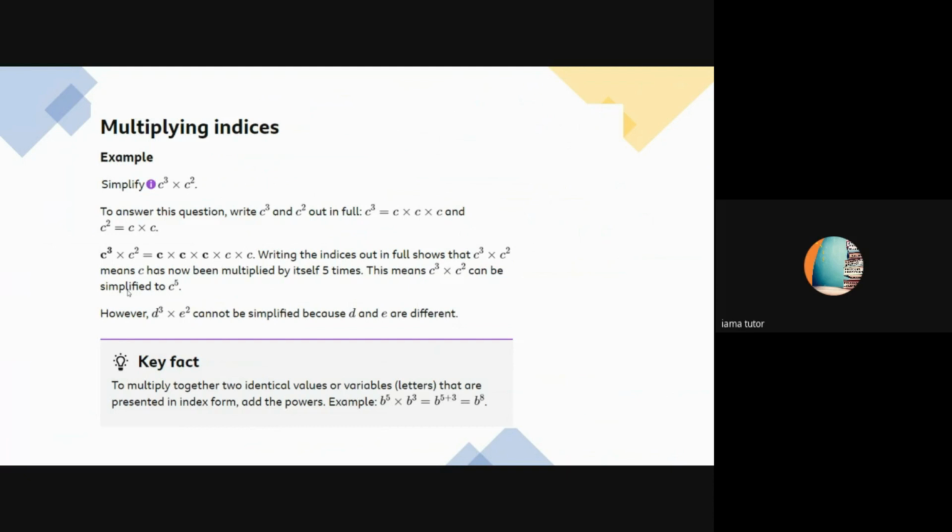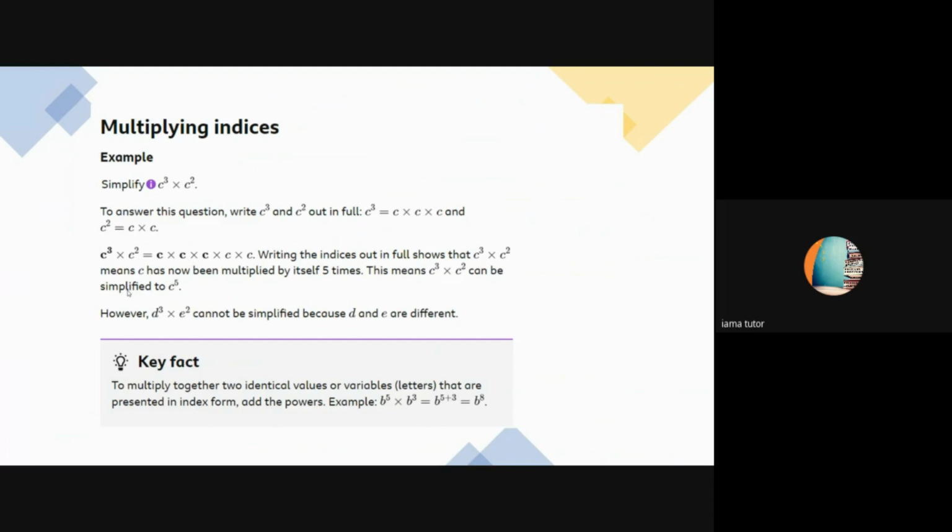We will start seeing some of the basic rules of indices. The first rule is called the multiplication law of indices. Now, what does the multiplication law say? It says that if you have the same base number with different indices or different powers, then in that case the powers add together.